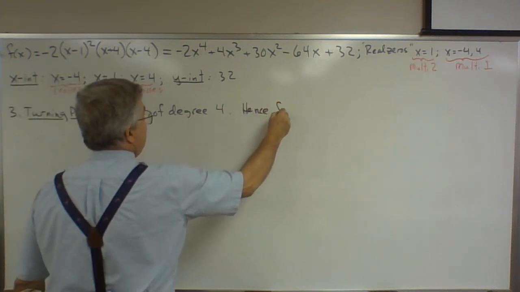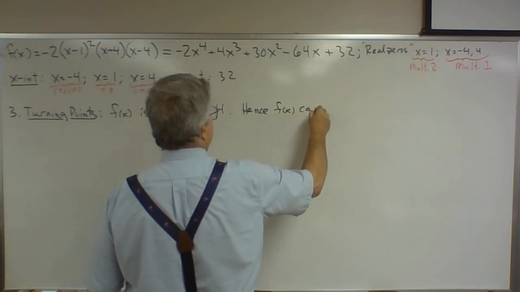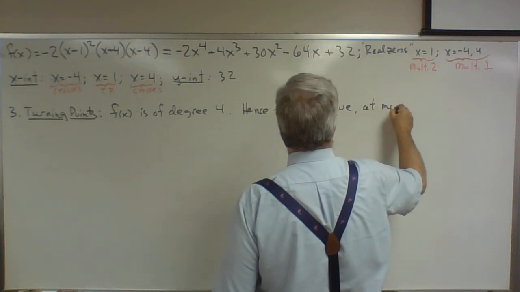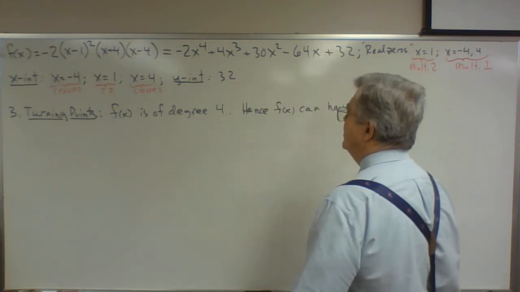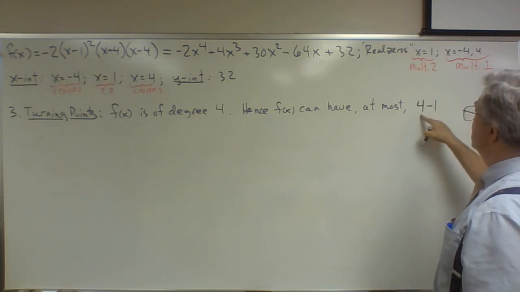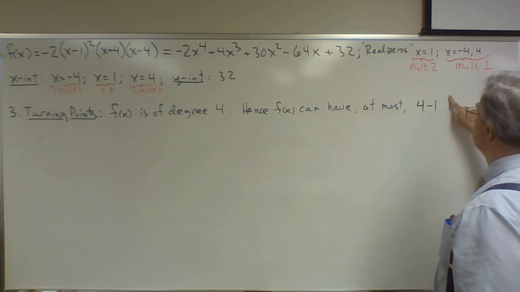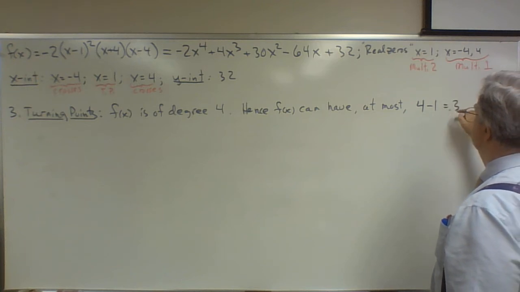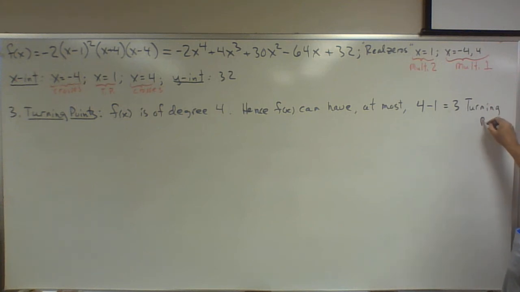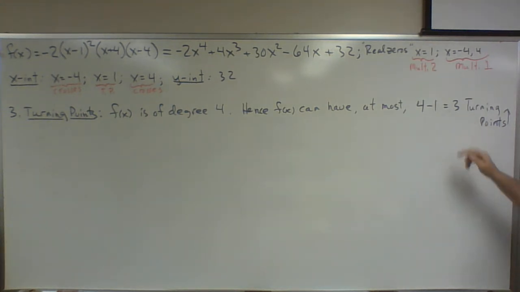Hence, f of x can have at most 4 minus 1, the degree of the polynomial minus 1, turning points. So we can have at most 3 turning points.